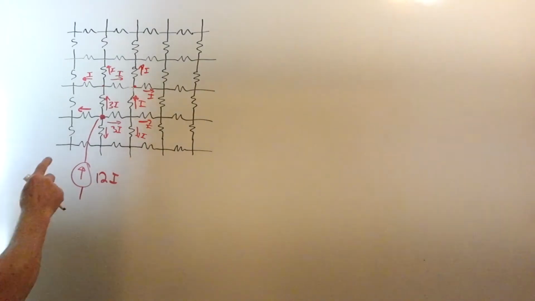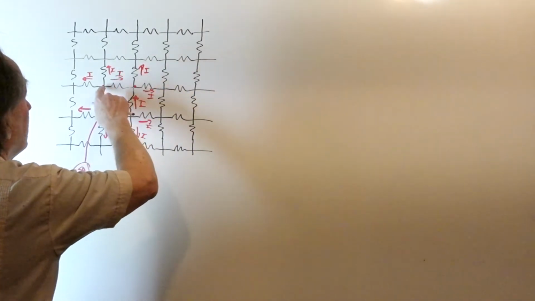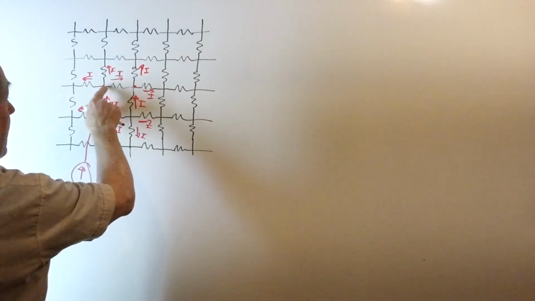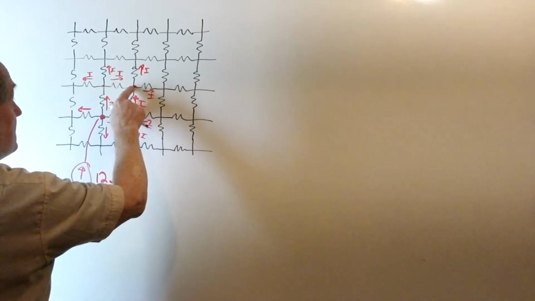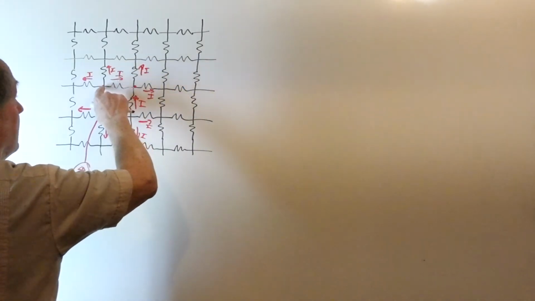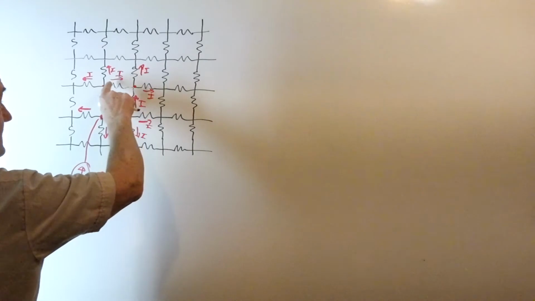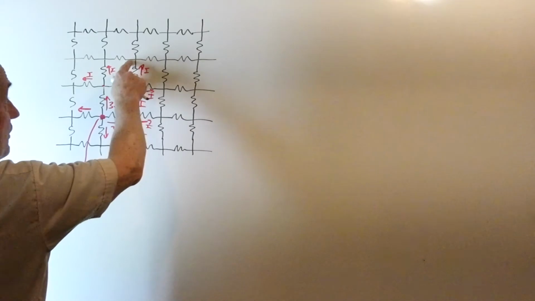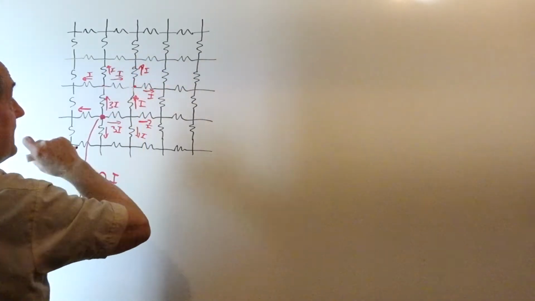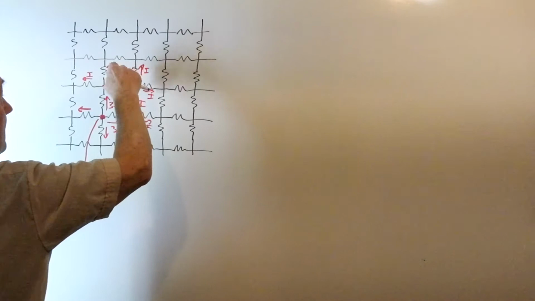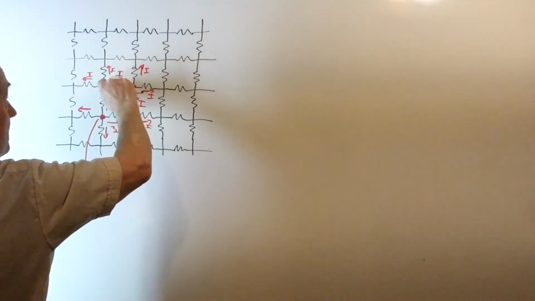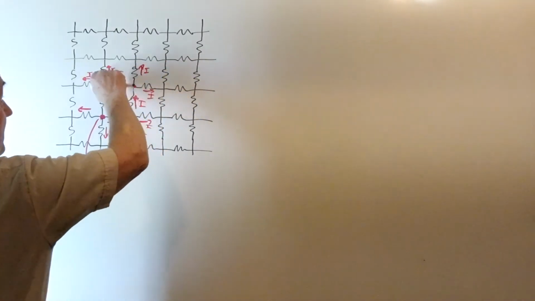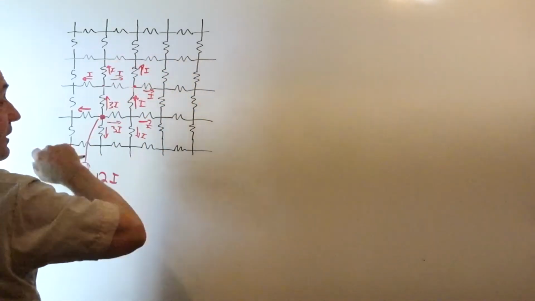Well, that being the case, let's look at Kirchhoff's voltage law going from this node to this node. Going in this direction, we have I times R plus I times R, or 2I times R, as the voltage from here to here. That also has to be satisfied going around this loop. We have I times R, so this also has to be I times R to give us the same voltage, so that the sum of the voltages around the loop is 0.